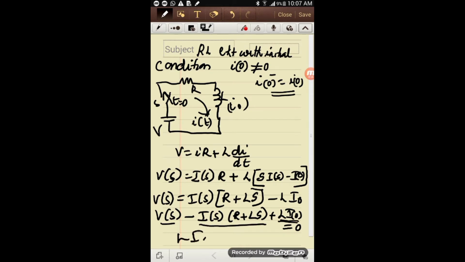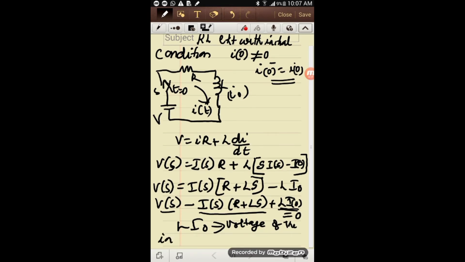So Li0, what does that indicate? It is the voltage of the inductor due to I0. The inductor was previously carrying a current I0.